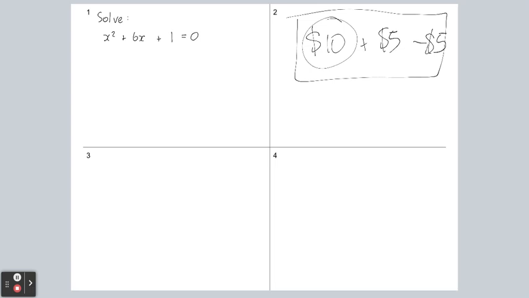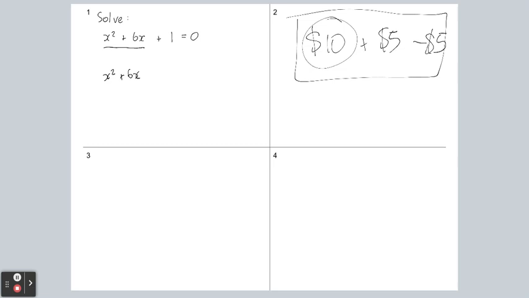If you look at those first 2 terms, if I pull those out, x squared plus 6x, they are effectively the first 2 terms of a trinomial, which we can then complete to make a perfect square.